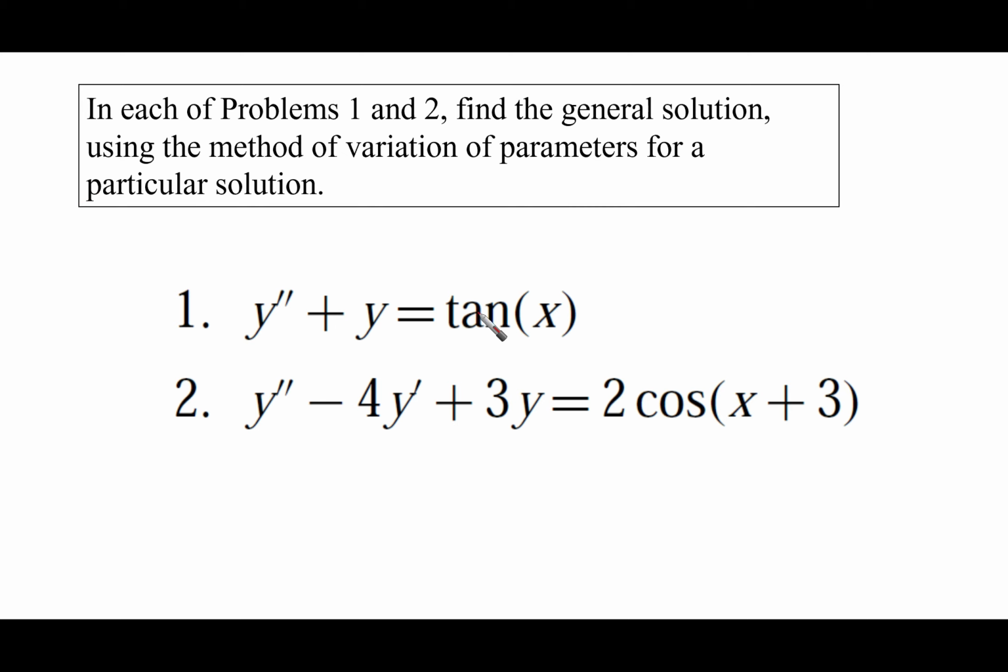Okay, so now this is what you should do. In each of problems 1 and 2, find the general solution, okay, using the method of variation of parameters for a particular solution. So we have two problems, 1 and 2. Take care that in the first problem, f of x is tan x.